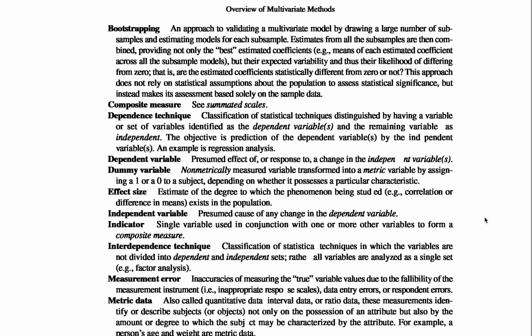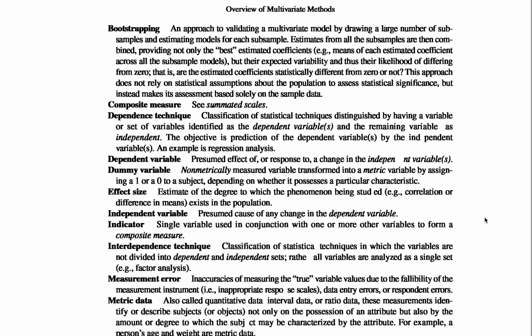Composite measurement, that is the summated scale. Composite measurement we can see when we talk about the summated scale. Dependence technique, what is this? This is the classification of statistical techniques distinguished by having a variable or set of variables identified as the dependent variable and the remaining variables as independent variables.